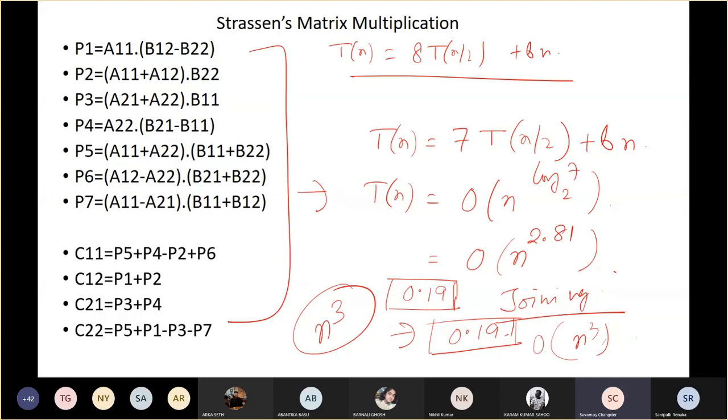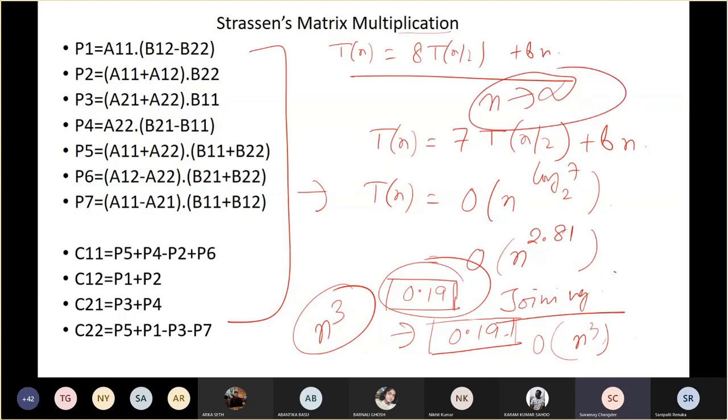Strassen is not too famous, but whenever the size of the matrices is very large, only then will it be helpful. It is not that 0.19 is not a big term, but when n tends to infinity, this will be really very helpful.